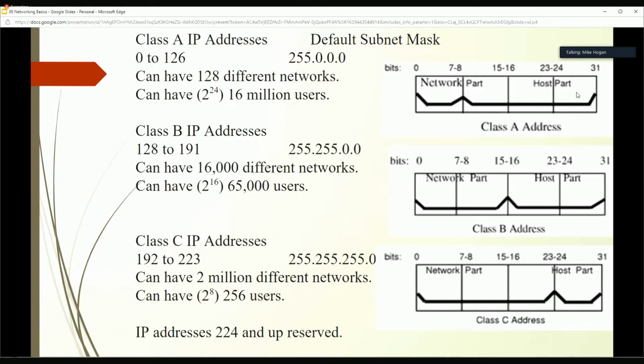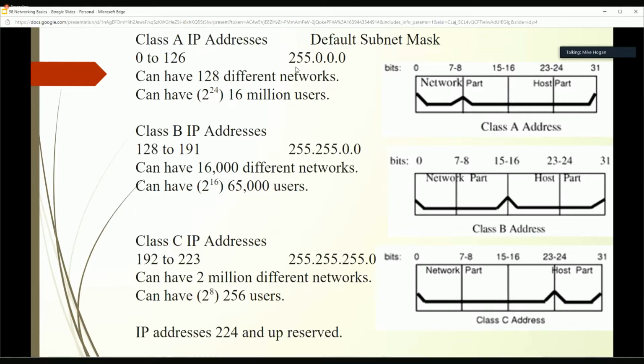I've got 3 octets, so 24 bits that represent unique users or hosts. So it's a very large network. You look at the default subnet mask. The default subnet mask is 255.0.0.0.